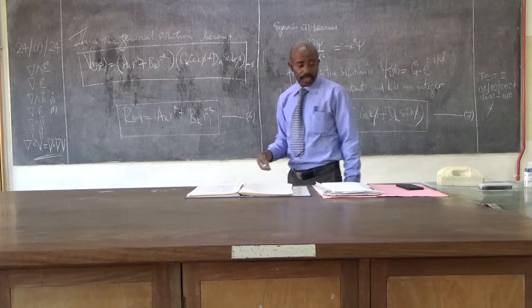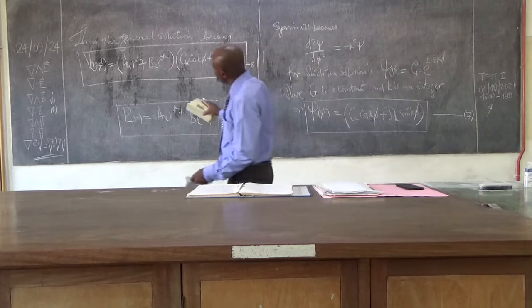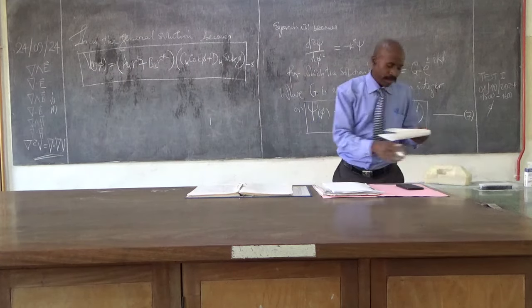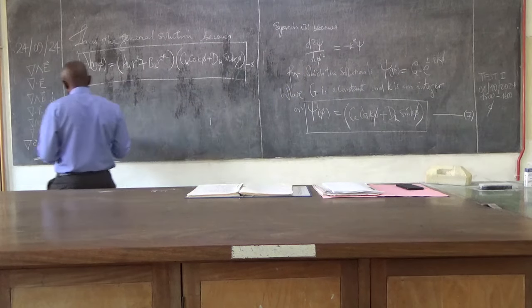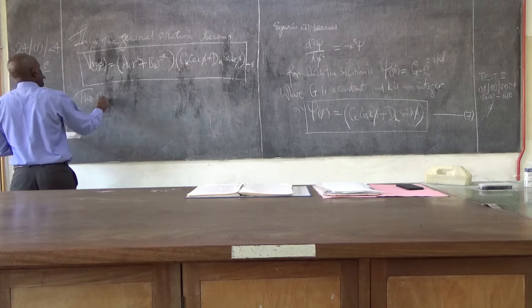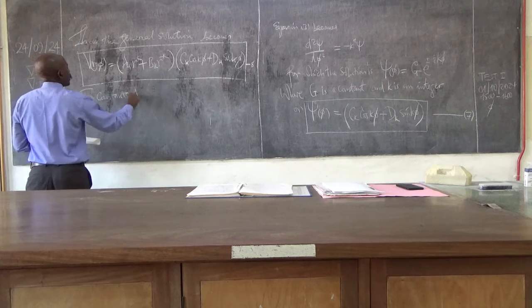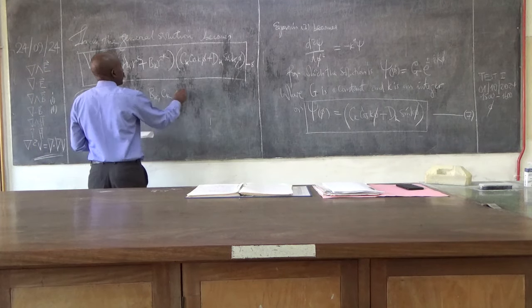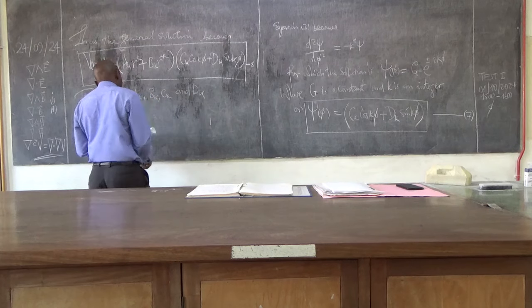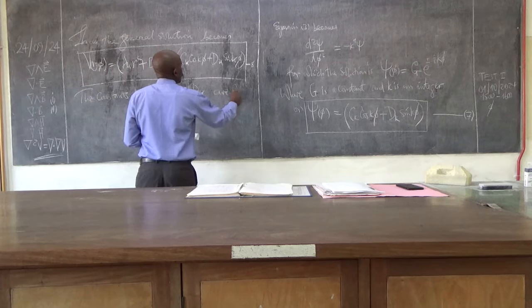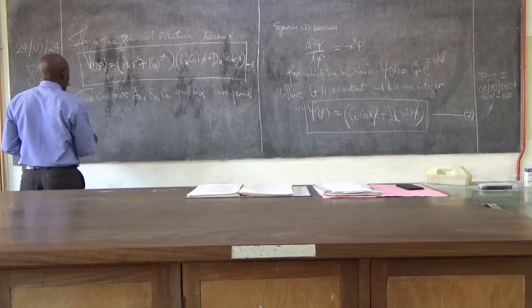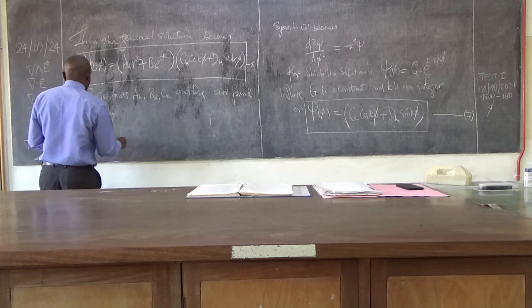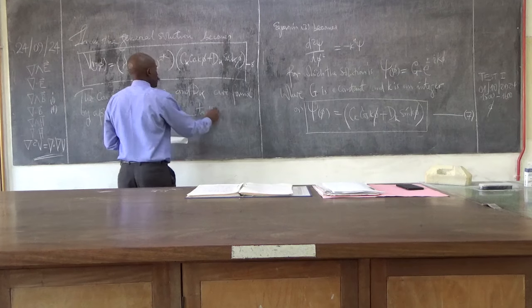And we can summarize and say the constants A_k, B_k, C_k, D_k are formed by applying boundary conditions to the problem.